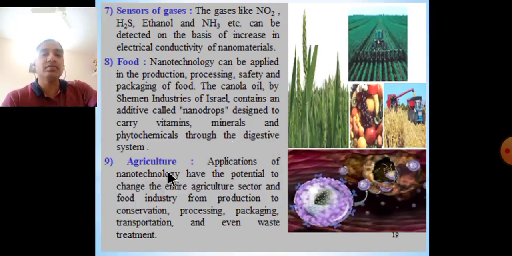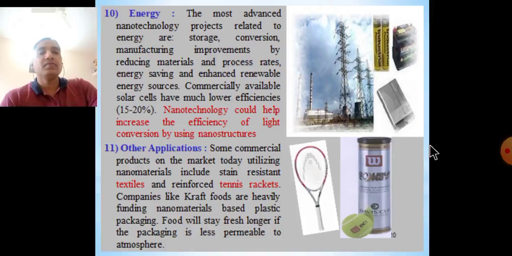Next, agriculture. In agriculture, applications of nanotechnology have the potential to change the entire agriculture sector and food industry, from production to processing and packing, transportation and even waste treatment by the use of nanomaterials.